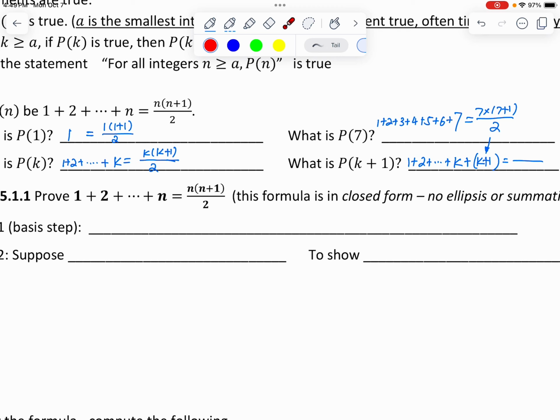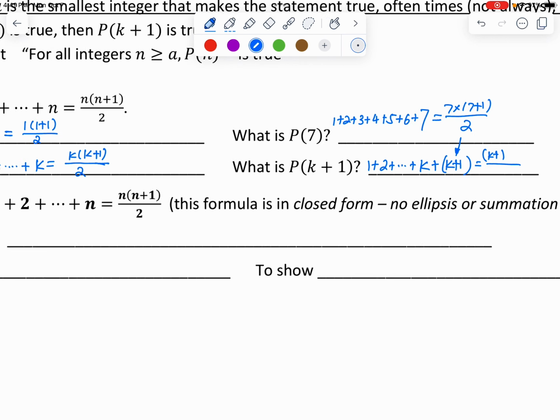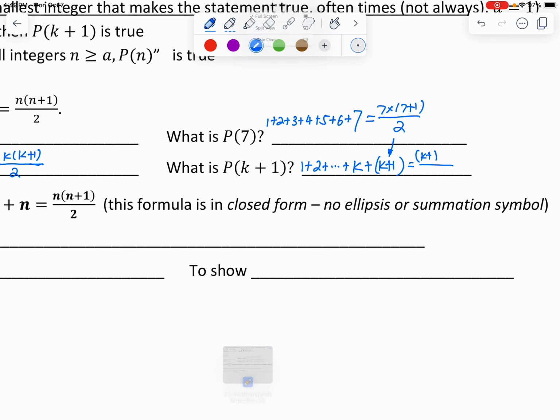When n is k plus 1, plug in k plus 1 here. So k plus 1 and times, if you remember, the next is n plus 1. n is k plus 1. So you have k plus 1 and then plus 1, divided by 2. So that's what the P of k plus 1 is.